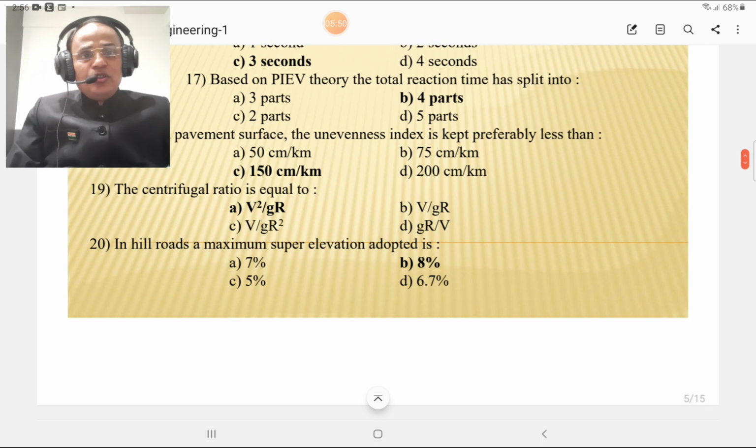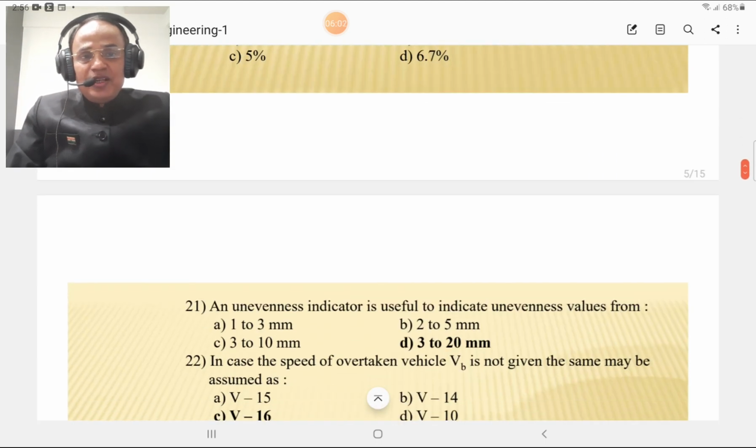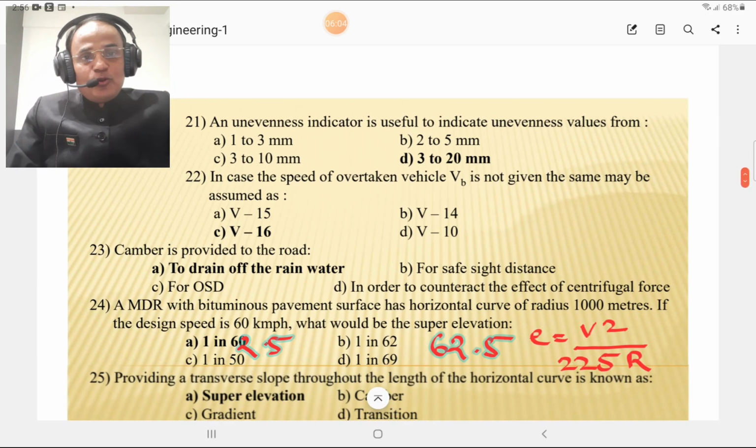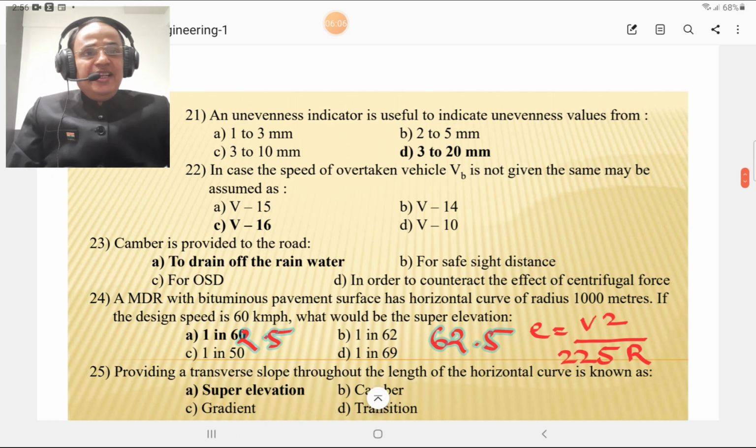In hilly roads, the maximum super elevation adopted is 8%. In plain area, it is 6.7%. And in snowfall areas and in exceptional situations, it is taken as 10%. So you must remember those super elevation values I discussed earlier also. An unevenness indicator is useful to indicate unevenness values from 3 to 20 millimeter.